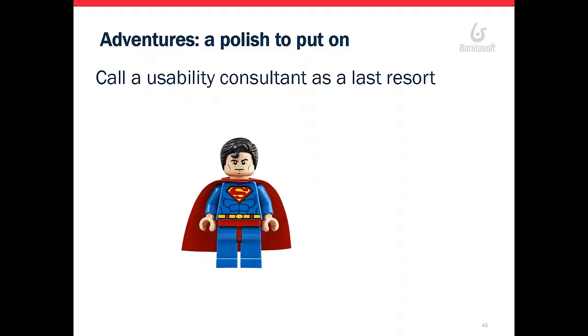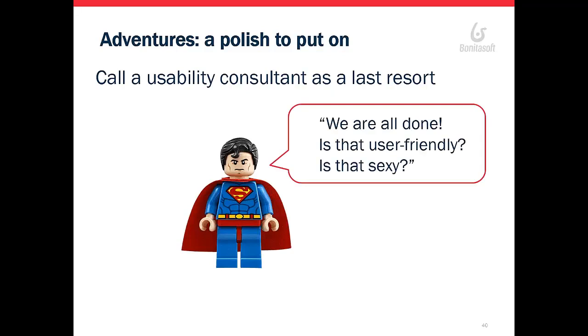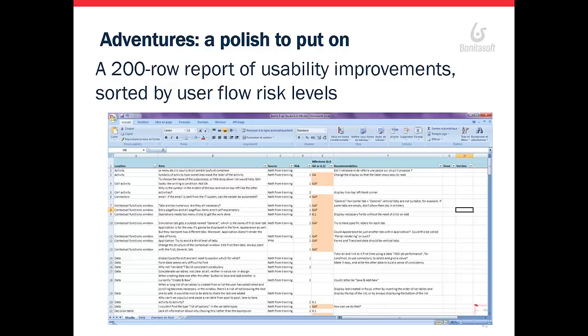So what it leads to is that the Superman development team says, okay, we're all done. Is that user-friendly? Is that sexy? That's also something we hear a lot about usability, like sexiness. So it ends up as about 200 raw reports of usability improvements.